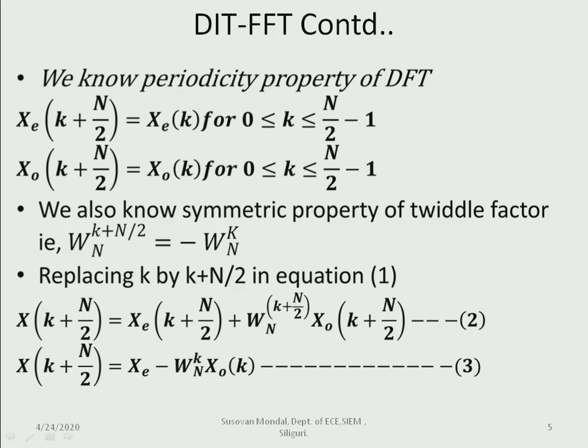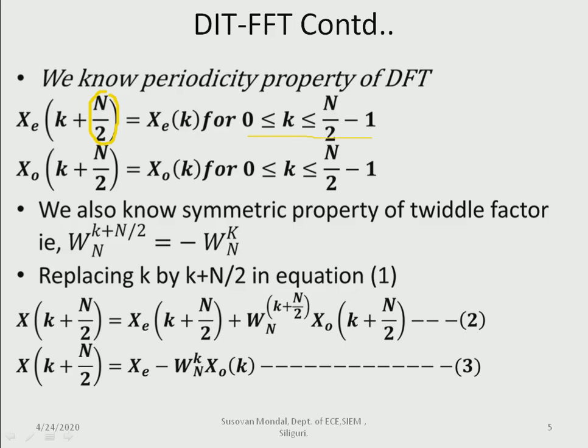If we apply the periodicity property of DFT, X even of k plus n by 2 is equal to X even of k. Since this is periodic, what is the periodicity? N by 2 is the periodicity, for k equal to 0 to n by 2 minus 1.